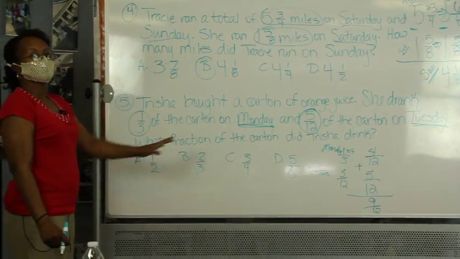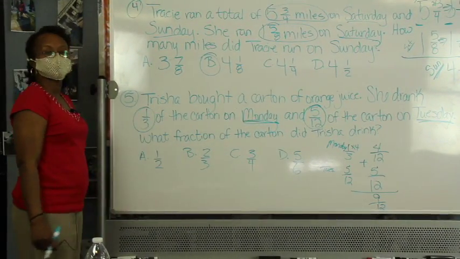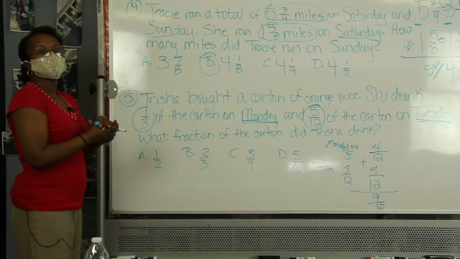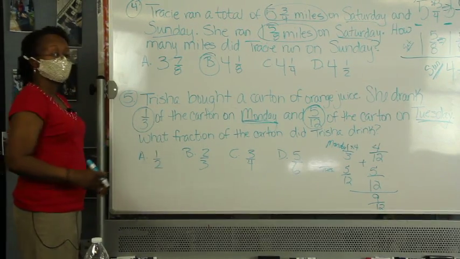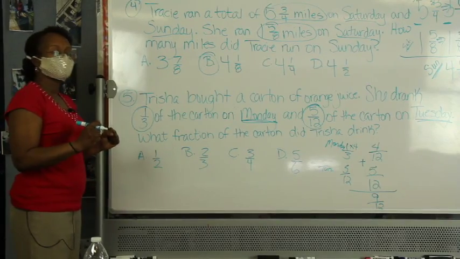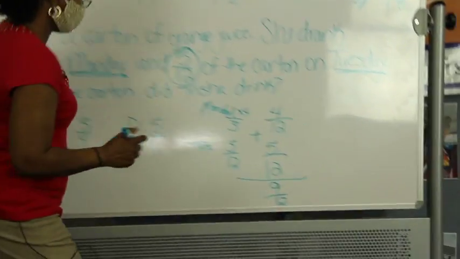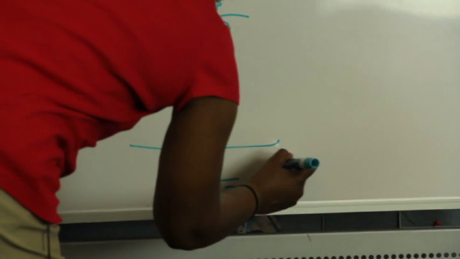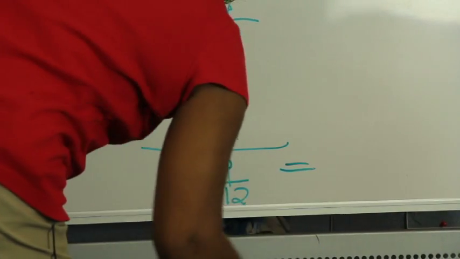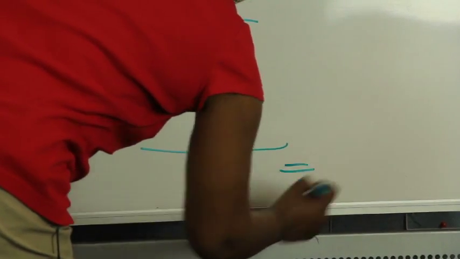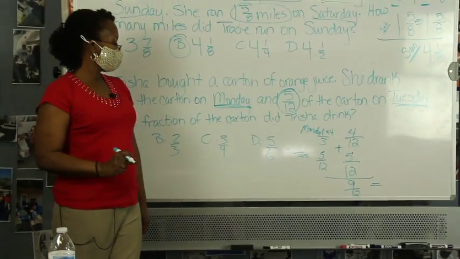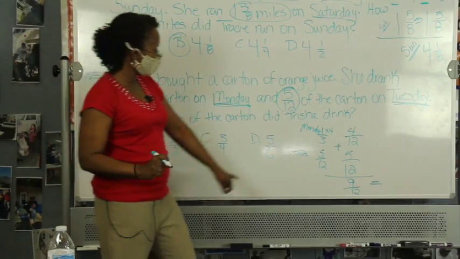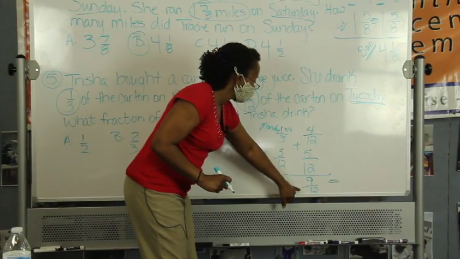Now, let's go to our answers. If you notice, none of them have a denominator of 12. So that means they want us to simplify this fraction. So let's go ahead and do that. So the common factor is going to be for both 9 and 12.